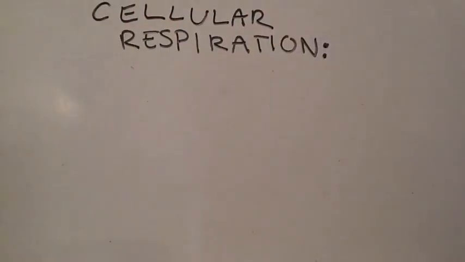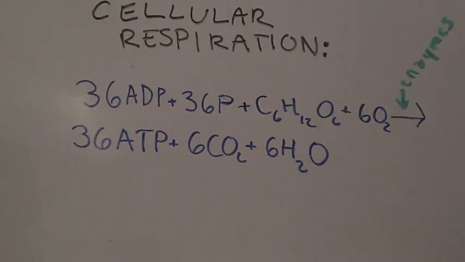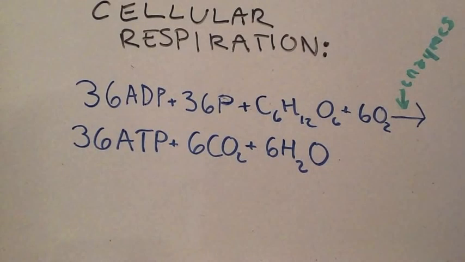Let's take a look at the balanced chemical equation. 36 ADP plus 36 P plus C6H12O6 plus 6 O2, facilitated by enzymes, yields 36 ATP plus 6 CO2 plus 6 H2O. Now that's all great, but what does that really mean?